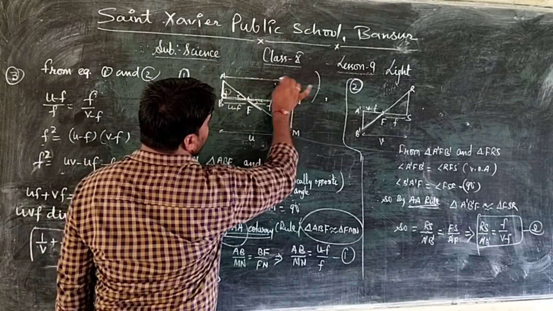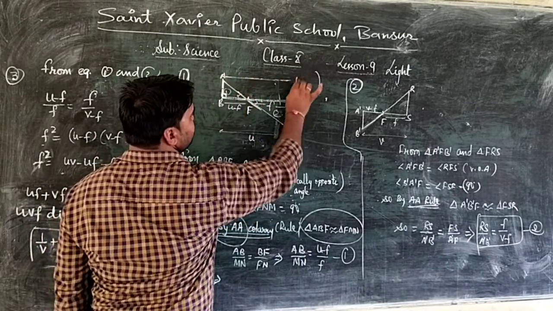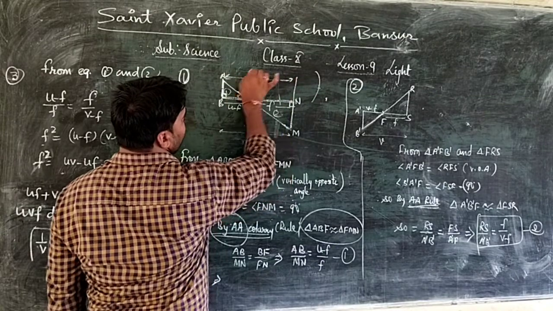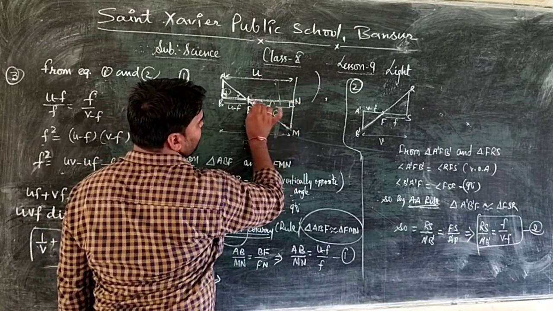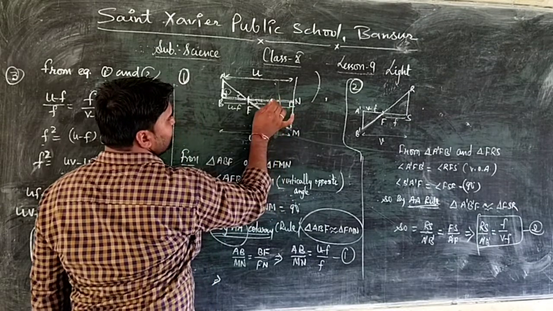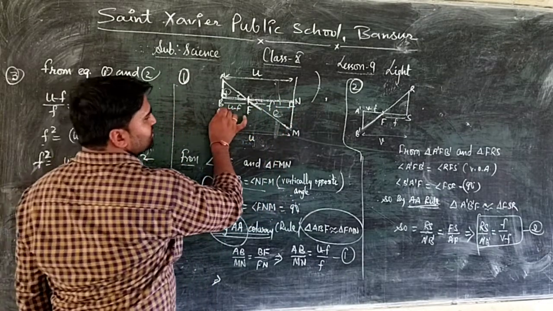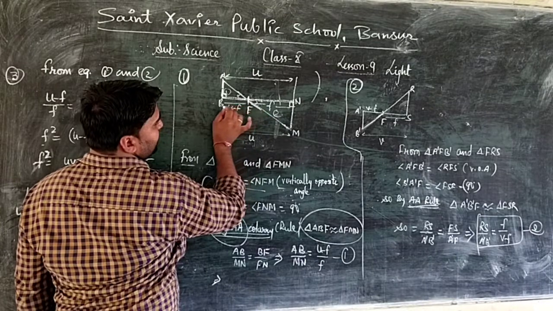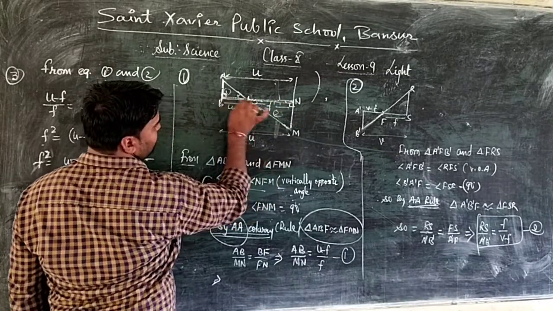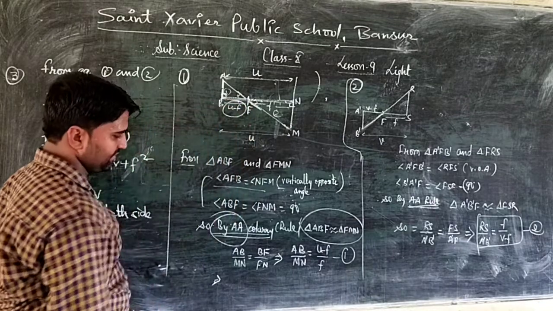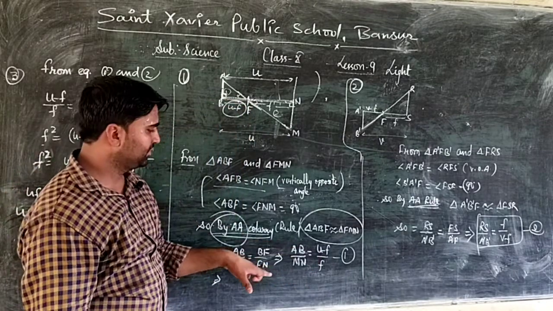This completely is the object and this is the mirror. From here to here the distance is U, and this is the focal point, so from here to here the distance is F. The rest of the distance will be U minus F. Okay, U minus F I have put.